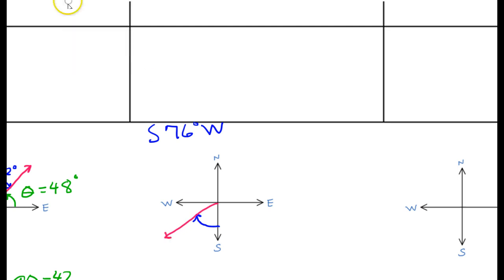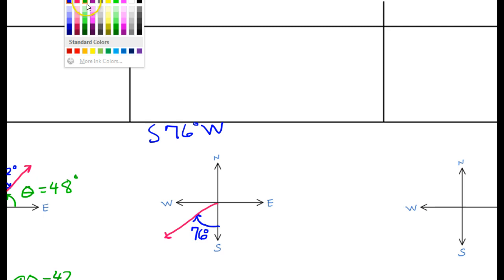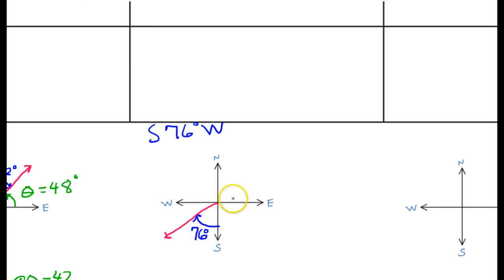So let's draw a vector that is in the third quadrant. Okay, we turned 76 degrees towards the west, so that means this angle right here is 76 degrees. But the angle theta that represents the direction has to be measured from the positive x-axis. This is the type of direction that we have to use for the chart.